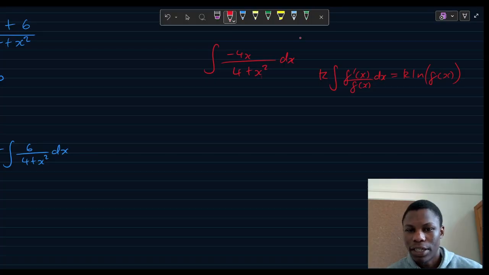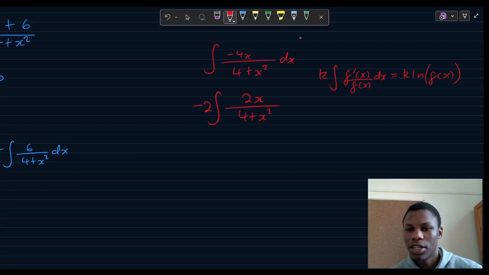If you differentiate 4 plus x squared, you get 2x. Notice that that's not exactly what our numerator is, but we can force that. But in reality, I've got a -4 on my numerator. So to maintain that -4, I can just multiply by a constant outside, because -2 times 2x is still -4x.